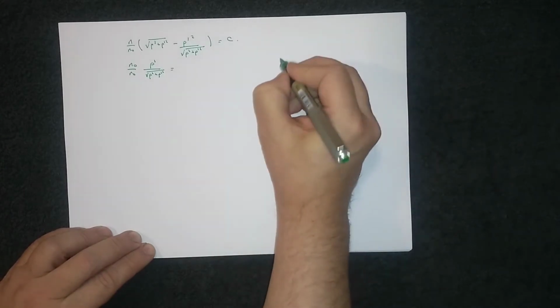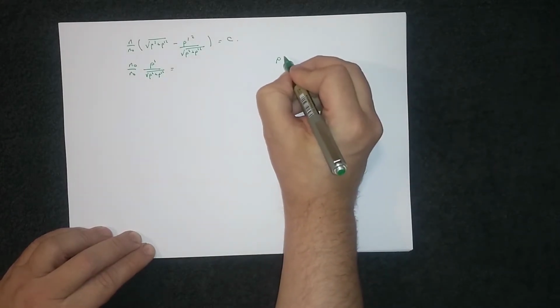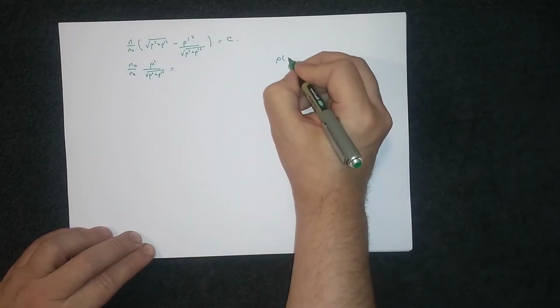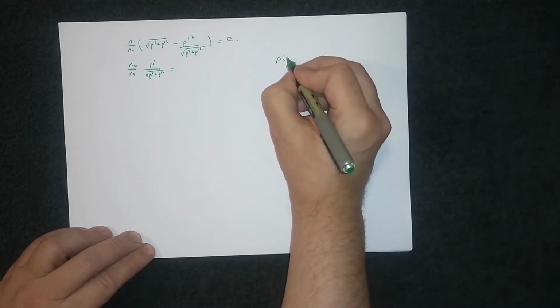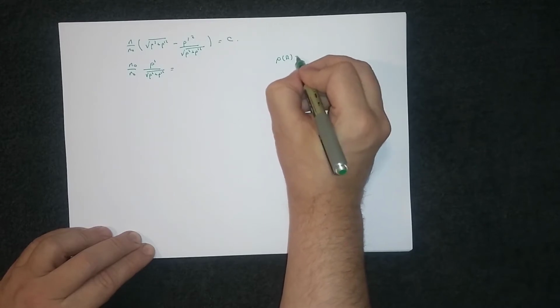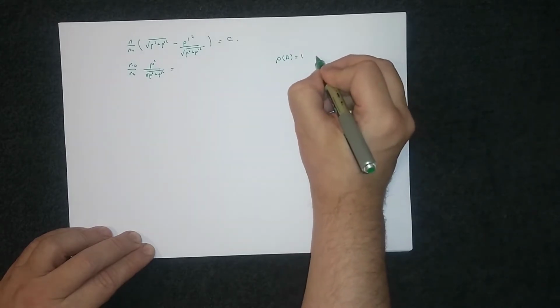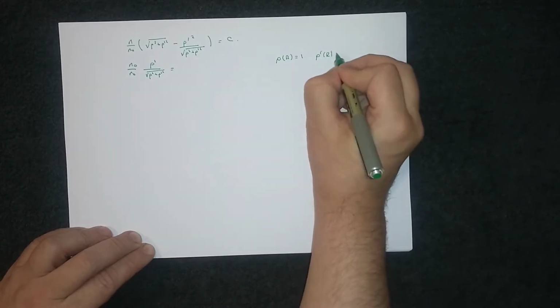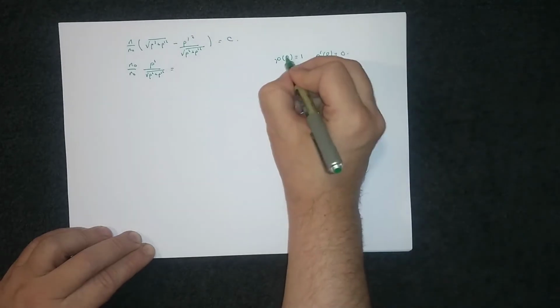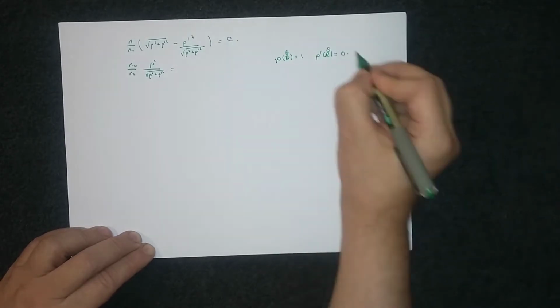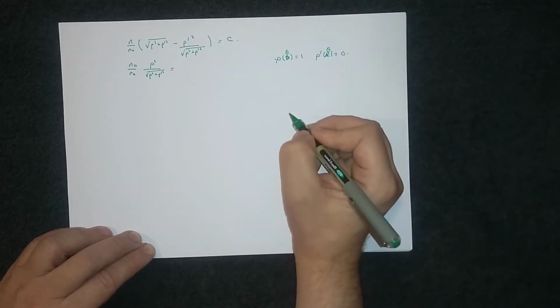The constant is given by the fact that at the point of the apparent horizon you have rho equal to 1 and rho prime equal to 0. Actually, really, that should be theta at that particular point.